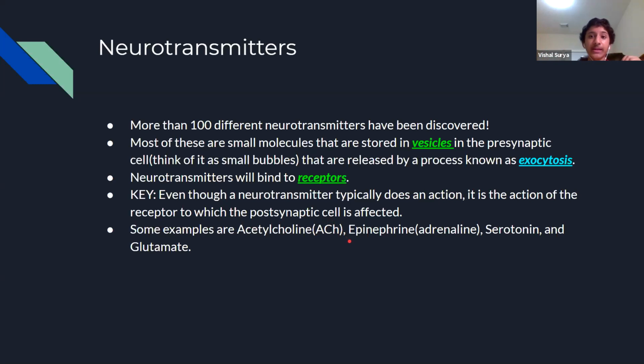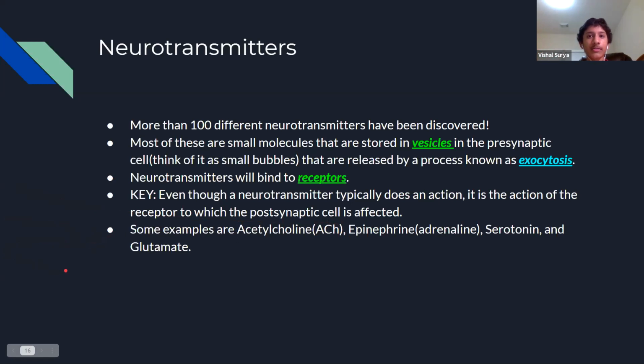So the receptors are really key to determining the function. And if the receptor couldn't function properly, it could cause a different response that shouldn't be happening.